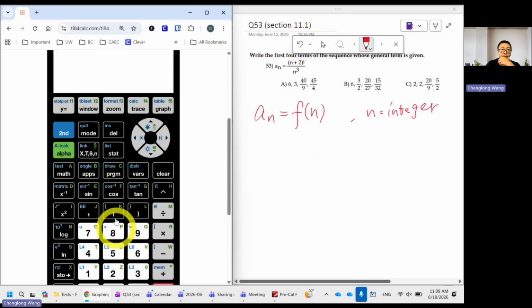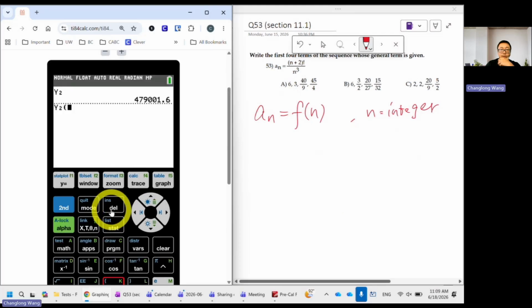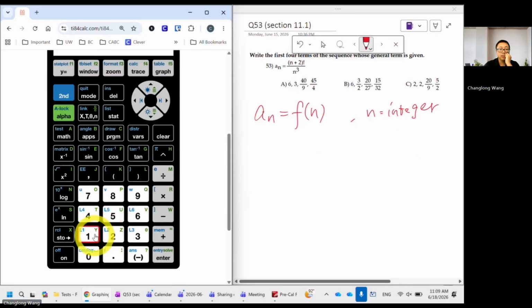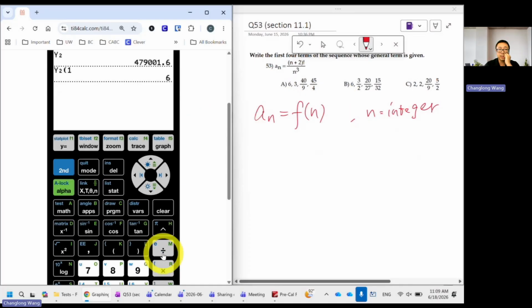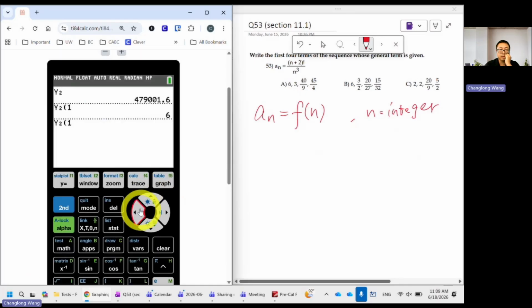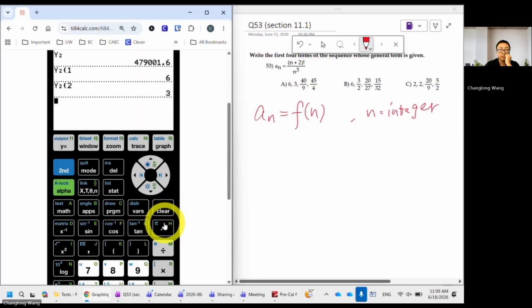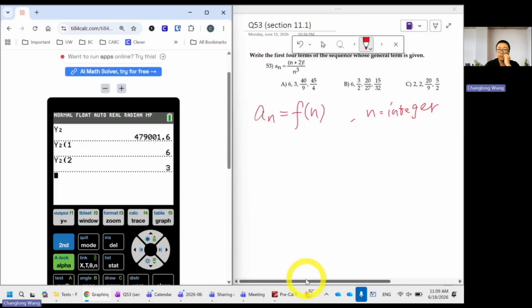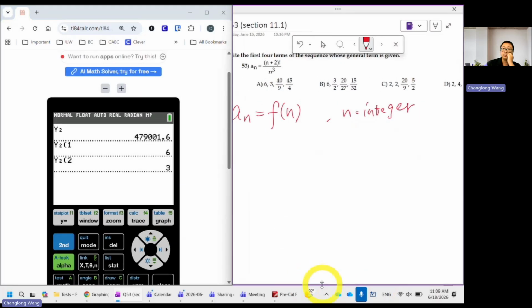Right, so y2, I want the first term, so x should be 1, or n should be 1. So it'll be 6. Now the second term, right, 3. Okay, that's good enough, right? So that'll be letter A.